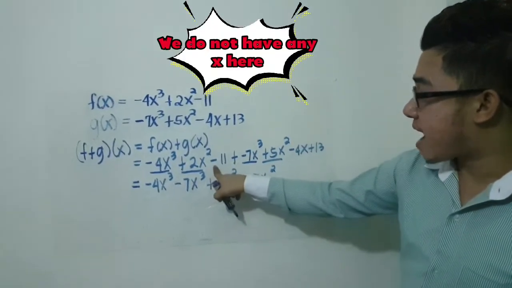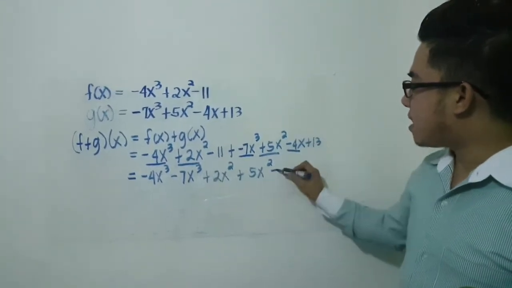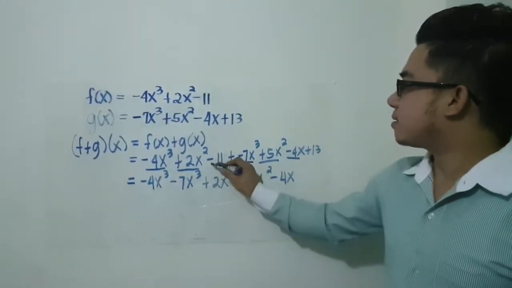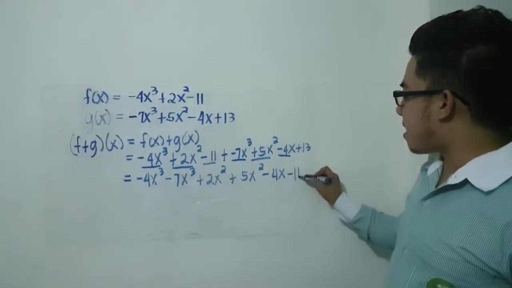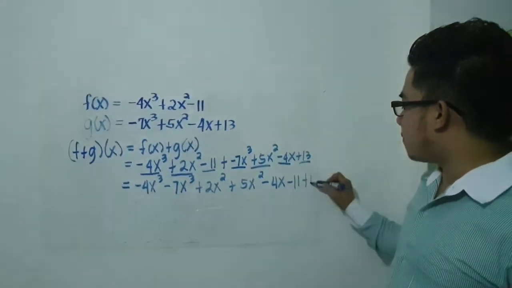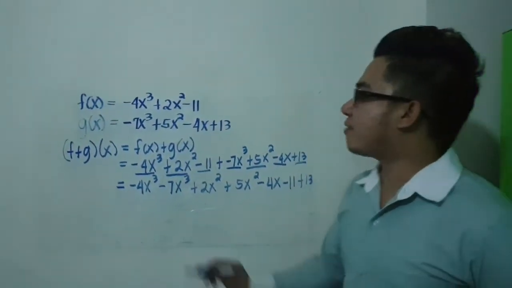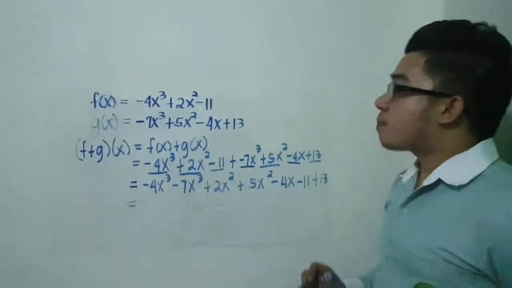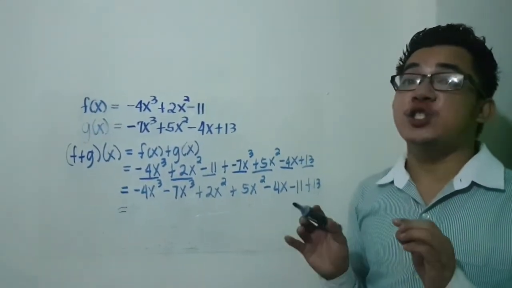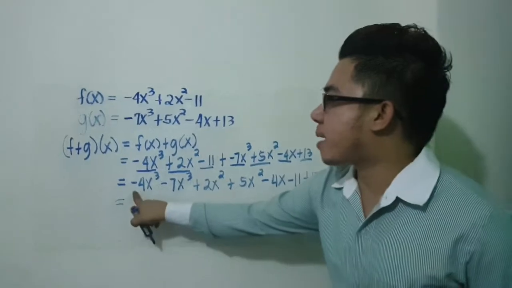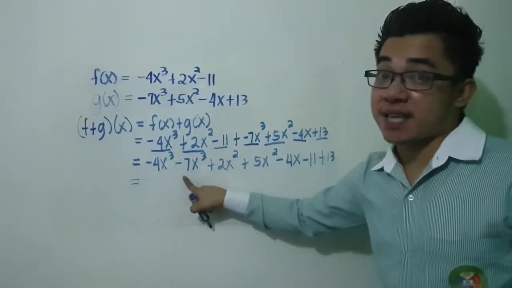We don't have any x here, so we have negative 4x, so negative 11, positive 13. After collecting like terms, perform the rules in adding and subtracting integers. We have negative 4 and negative 7.